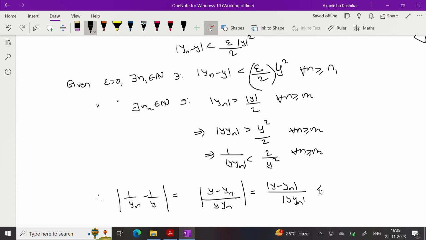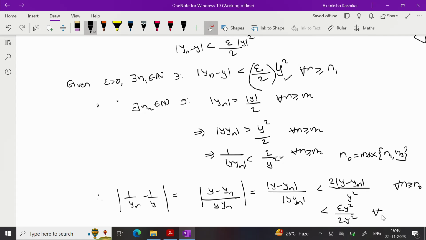Okay, so this I can say is less than mod y minus yn upon y square for every n greater than or equal to, actually it is n2, but now I will again define n0 as the maximum of n1 comma n2, because I have to use both these results. So for every n greater than or equal to n0 this happens, and mod y minus yn is less than epsilon y square by 2, again for every n greater than or equal to n0.